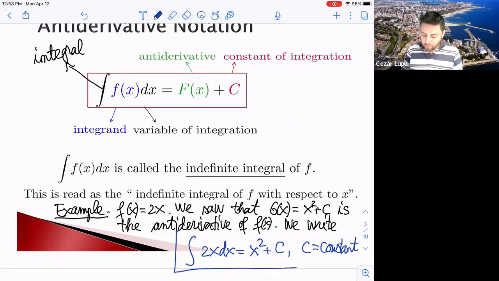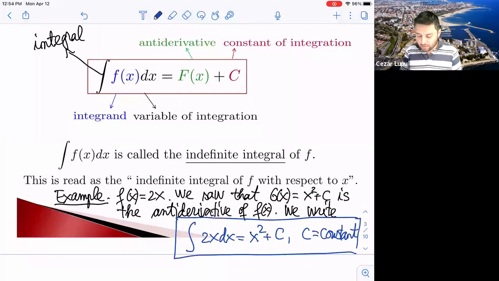So instead of saying this is the antiderivative of that, I'm just going to write it in a very simple way: the integral of 2x dx is x squared plus c. In other words, the antiderivative of 2x is x squared plus c, right? Okay. All right.